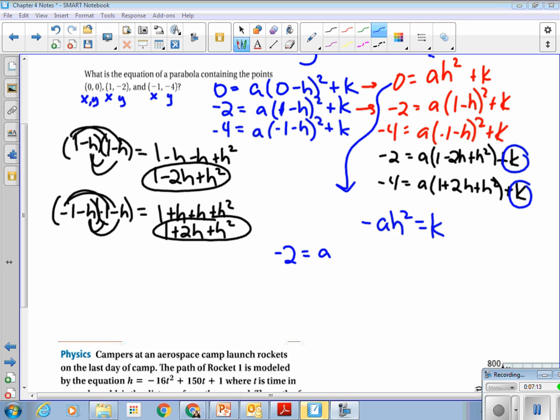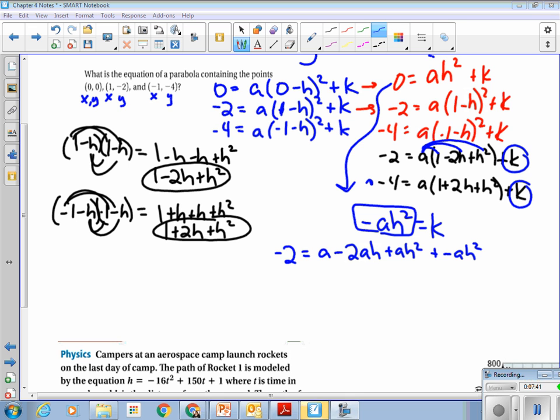So we got negative 2 equals a. I'm going to distribute out this a. A times 1 is a. A times negative 2h is negative 2ah. A times h squared is ah squared. And then I'm going to add my k value, which is negative ah squared. All right, now I'm going to do the same thing here.